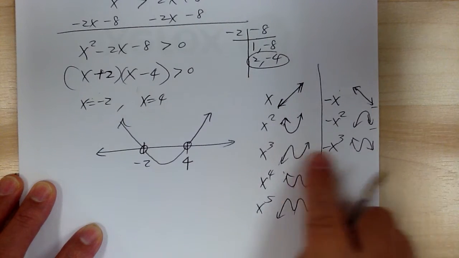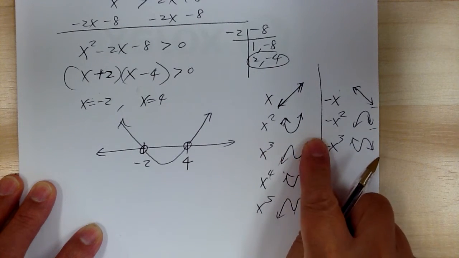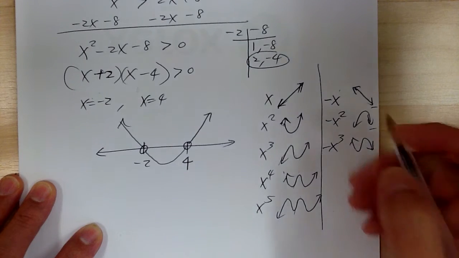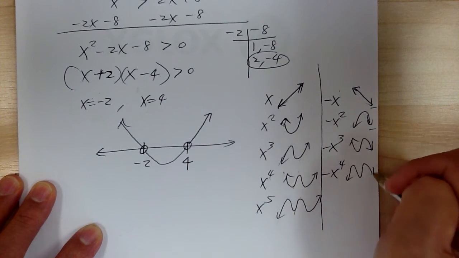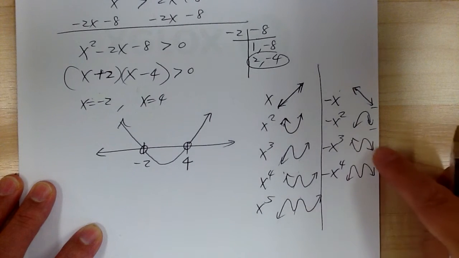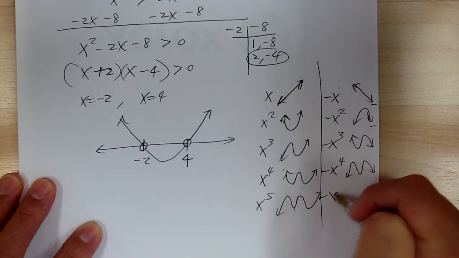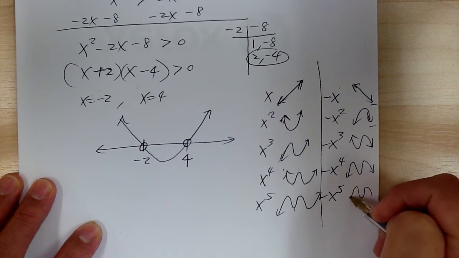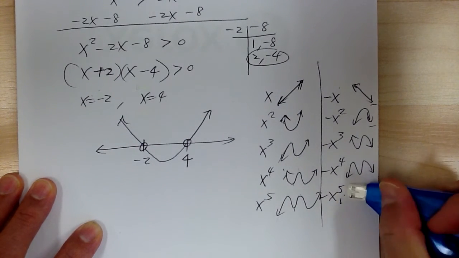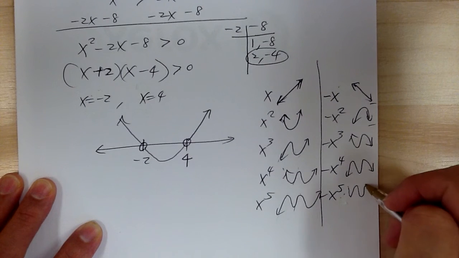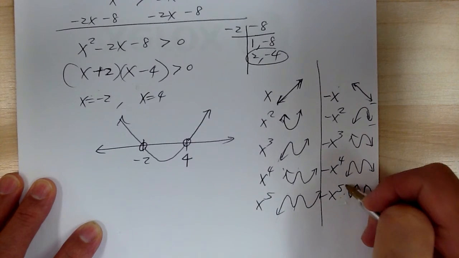Comparing again, if it's positive, it's going to go up; negative, it's going to go down. Negative x to the 4th power is going to go like this. Again, whenever it's negative, it's going down. And negative x to the 5th power is going to go like this. You can count it: 1, 2, 3, 4, 5.